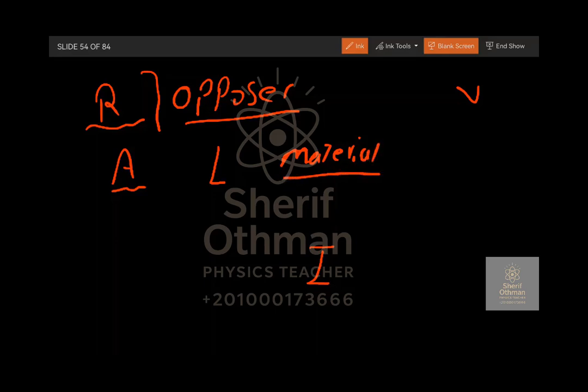For the same material, the length and area of the conductor make the resistance differ. By increasing the area, the resistance decreases. By increasing the length, the resistance increases.